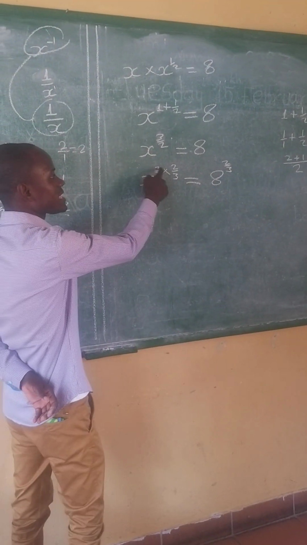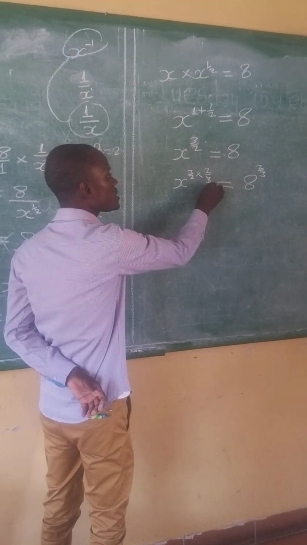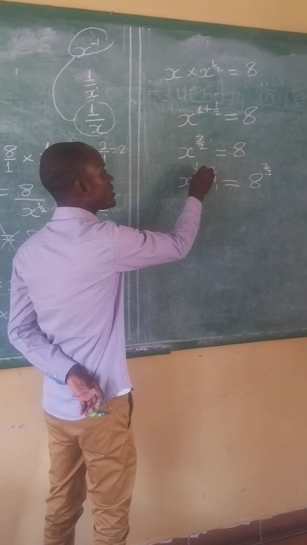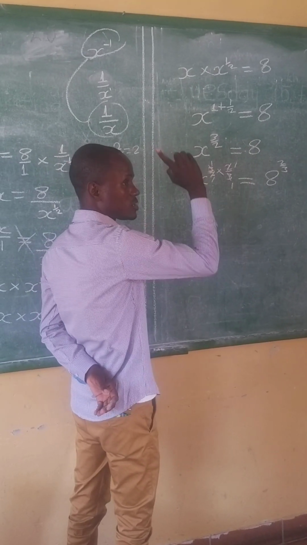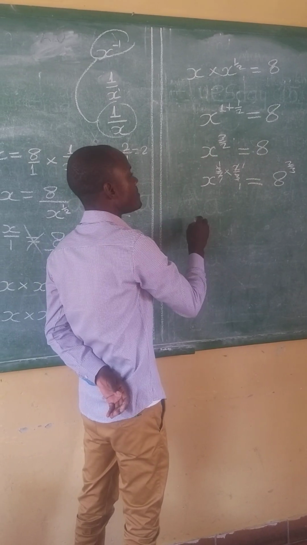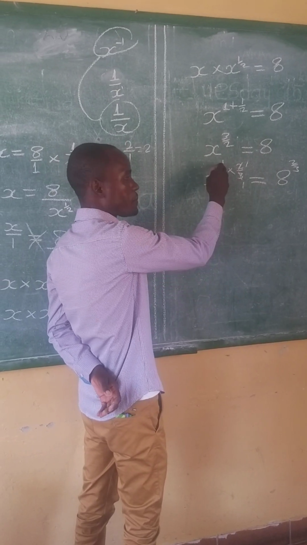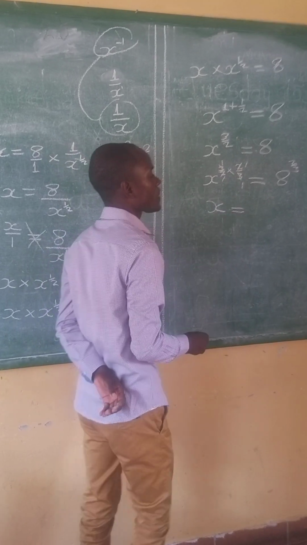Now you can see that in the diagonal we have 3 and 3, and 2 and 2. 3 into 3 is 1, 2 into 2 is 1, 1 times 1 is 1, meaning we have x to the power 1, which is just the same as saying x equal to.